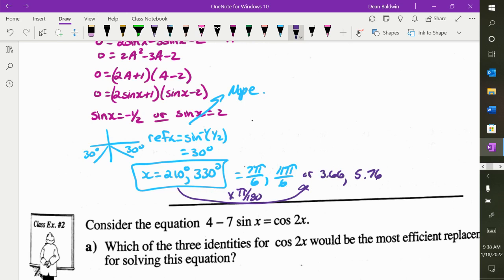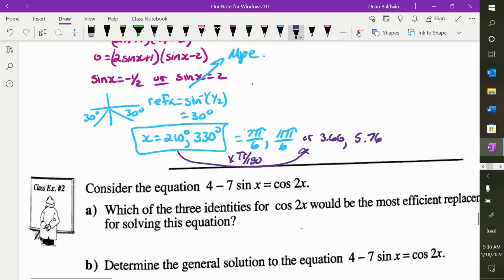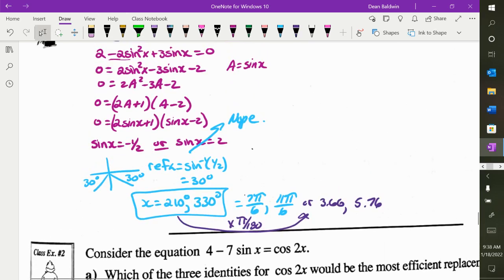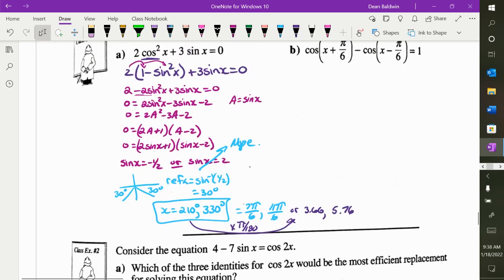There you go, there's the decimal answers. I don't care which ones you give me. All right. Is that okay? The only difference here is that first step, you need to sub out the cos squared because you have to have all the trig functions being the same.